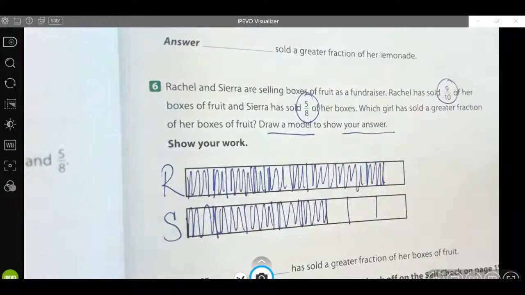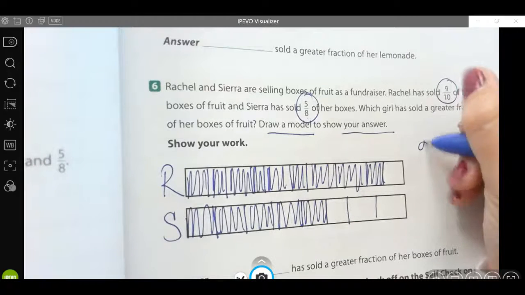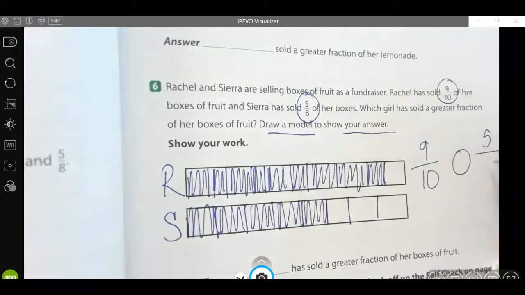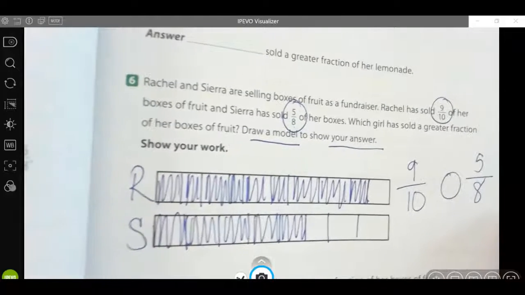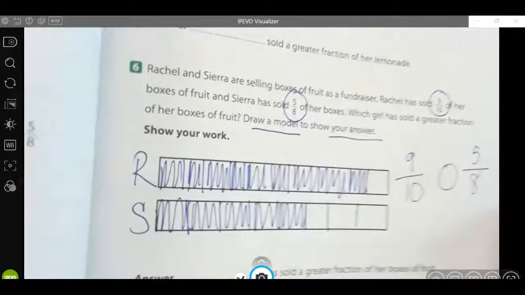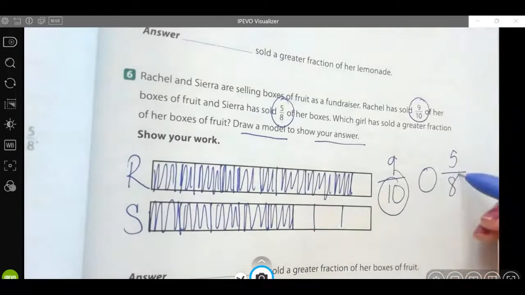So there's a model, but let's also compare them. We have 9/10, and we're going to compare it to 5/8. We got to find a common denominator. Think about when you skip count by 8. Benchmark? Well, let's find our least common multiple.